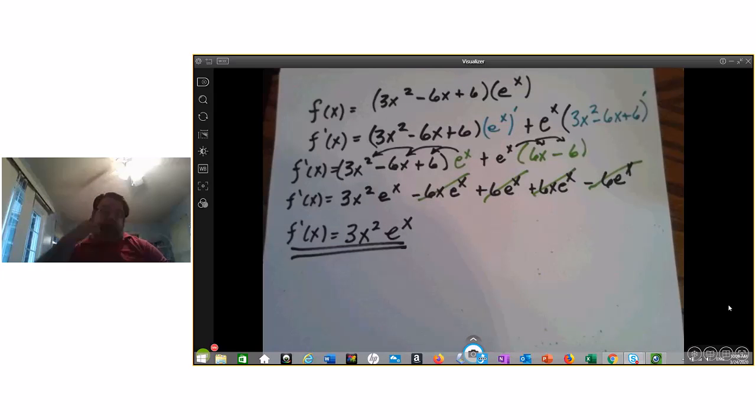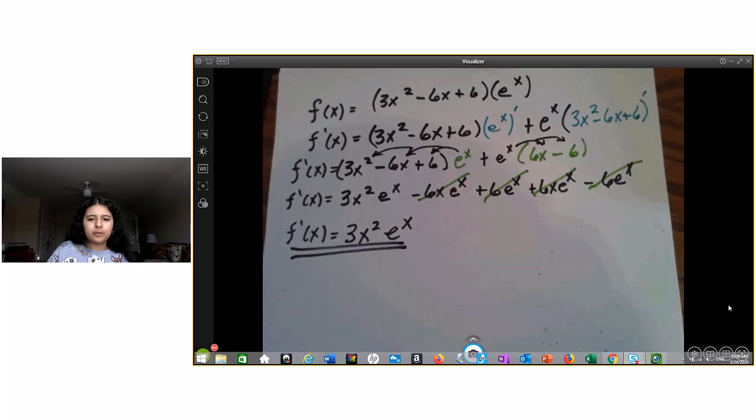There's 2 or 3 that came this morning, and I did them this morning. And I didn't write down the... Do you got 3x squared e to the x? Or is it still working? It's still working. You just canceled out the 6e to the x. Okay. Good gosh.